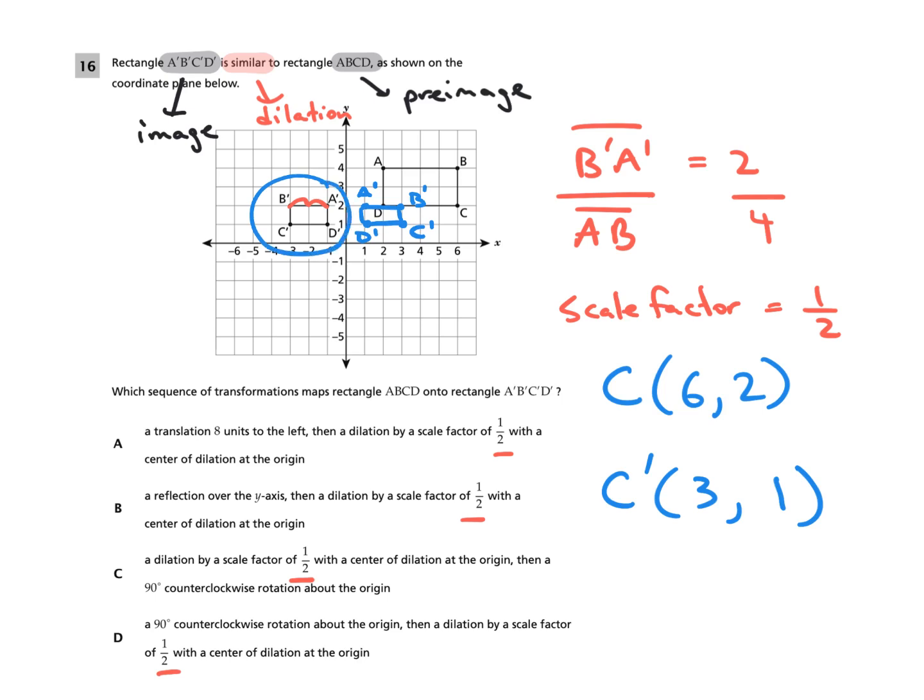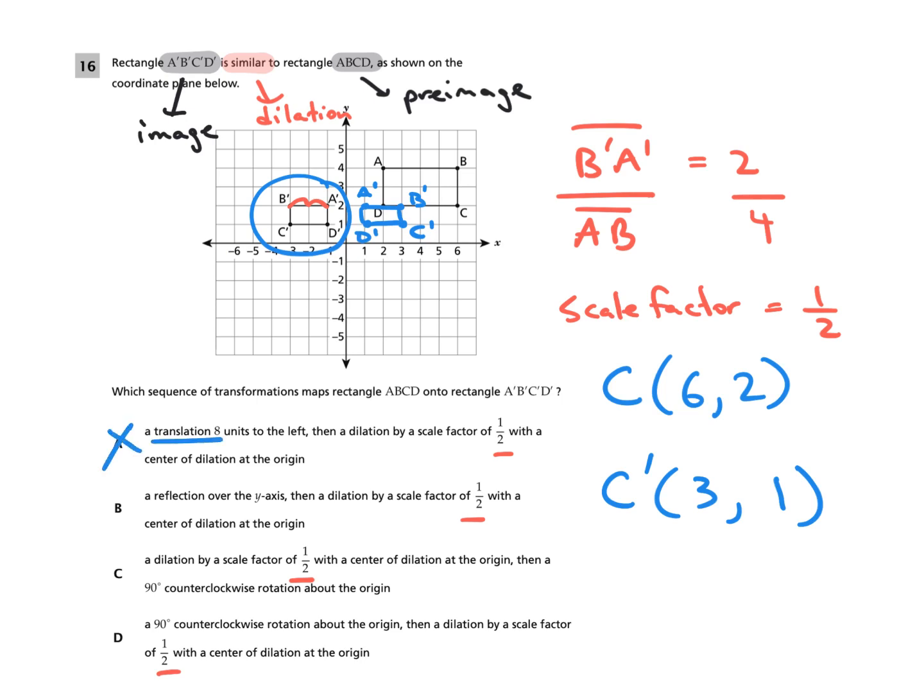It's not in the same orientation. So that gives me a clue. That tells me that a reflection has to have happened, okay? So that tells me that it's going to be a scale factor and then a reflection.